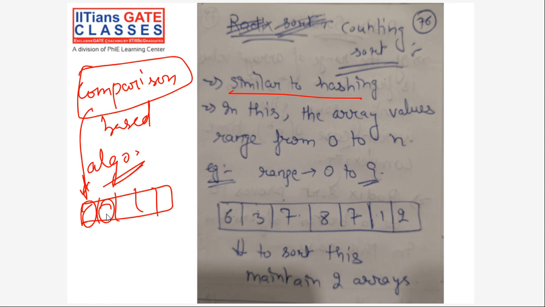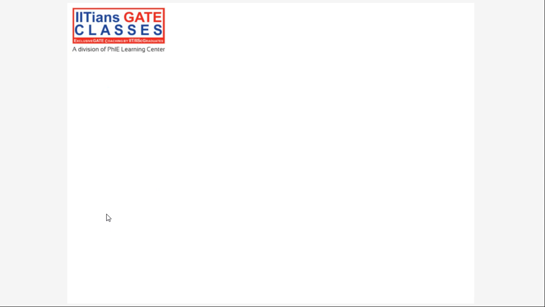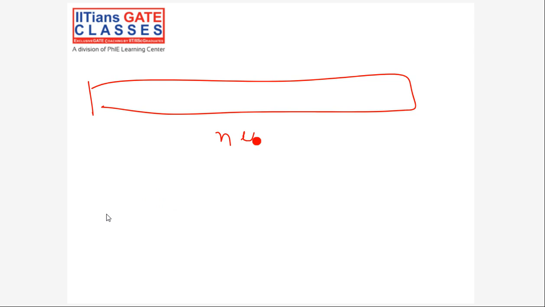What we do in counting sort is we want to upper bound the value that can be there in an array. When I was talking about quick sort or merge sort, if I have this array of n elements, each element can be any value.